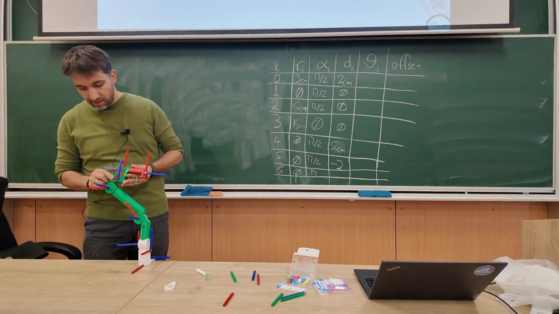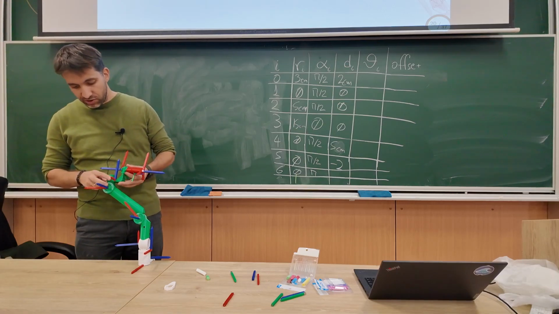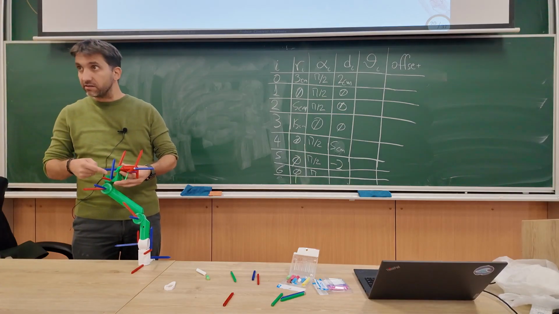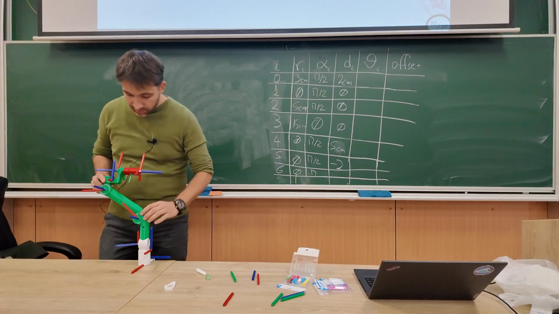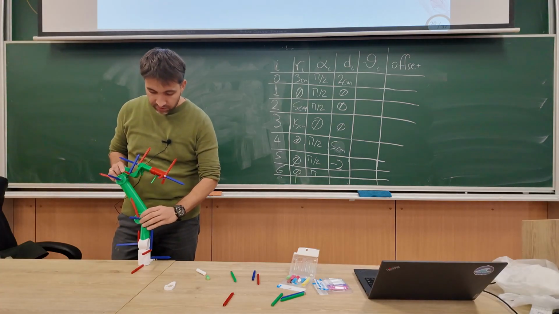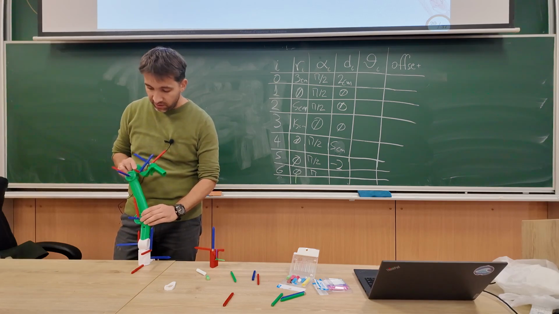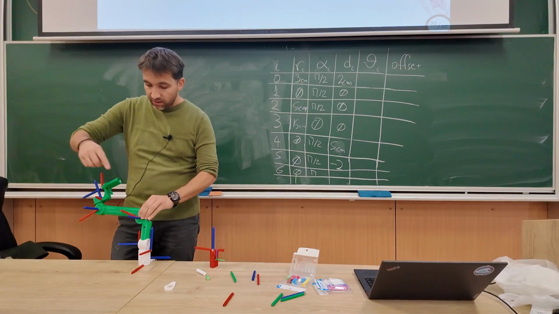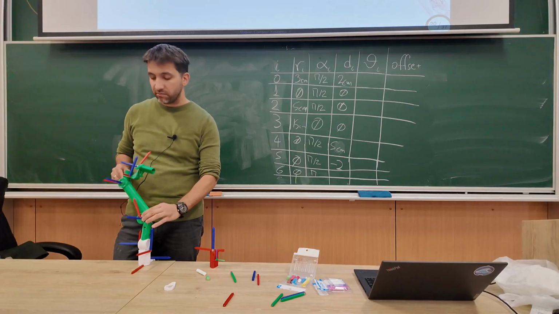For the other ones, these distances don't change. So when this axis is moving, this distance does not change between this x and this x, right? Along this axis, because it's the axis of rotation. When this joint is rotating, the distance between these two x's does not change, right?